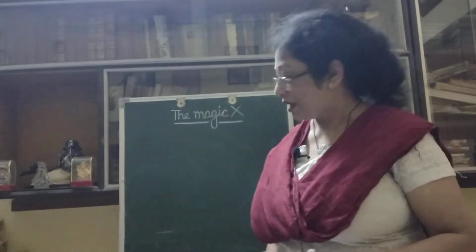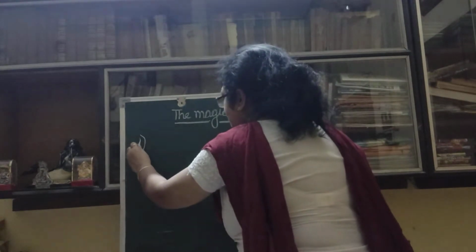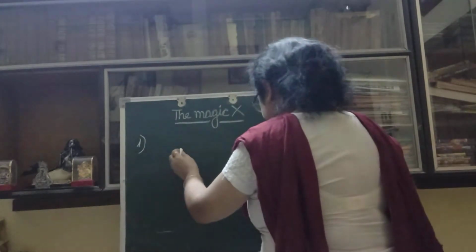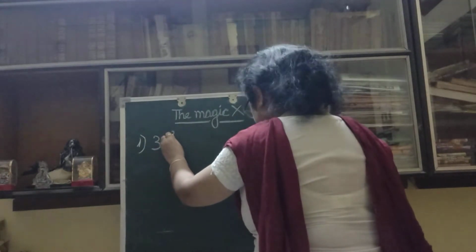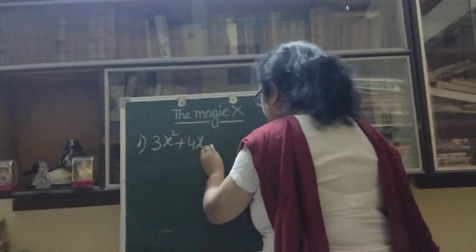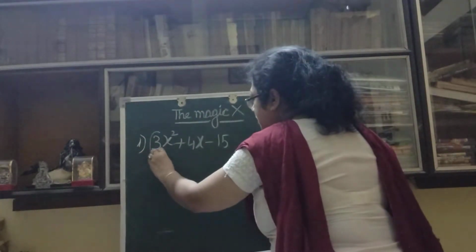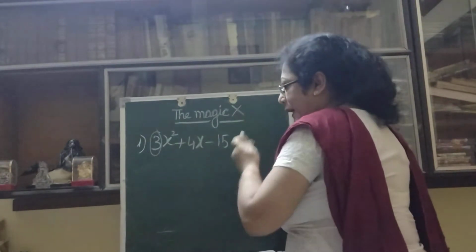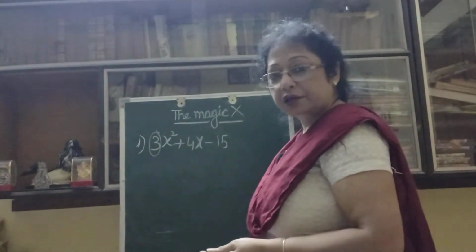Okay, children, now let us take the first one. I am writing 3x square plus 4x minus 15. First you see these three. The factors of these three you will write.